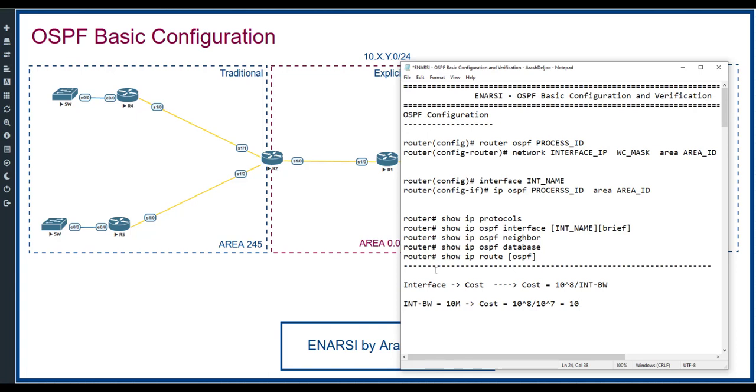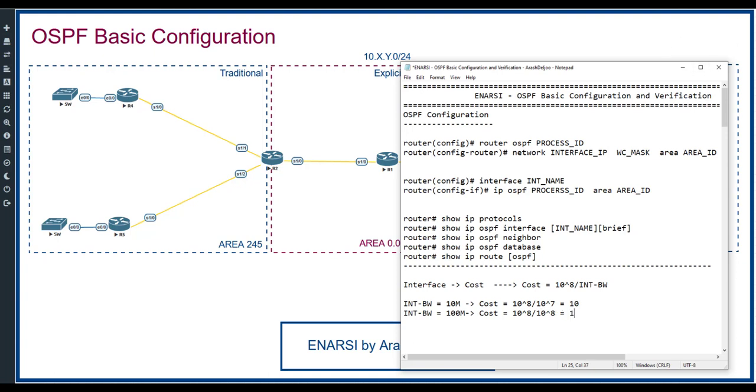It is so easy. After that, about the cost of for example fast Ethernet, let me write here, assume that we have one interface bandwidth equal to 100 megabit per second. 100 megabit per second means fast Ethernet. The cost of fast Ethernet equals 10 to the power of 8 divided by 10 to the power of 8, equal to 1. That's it.